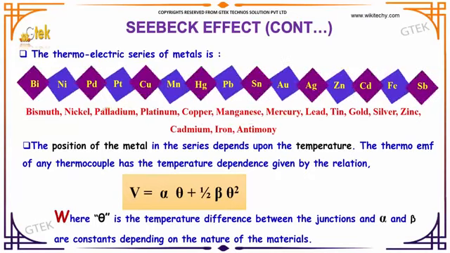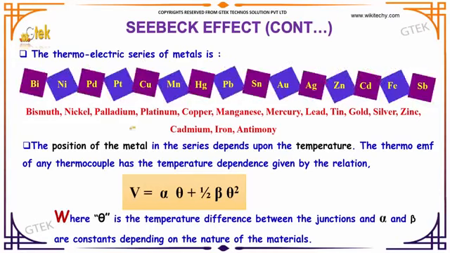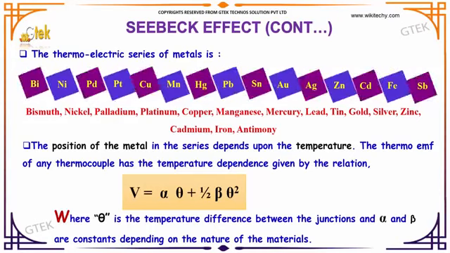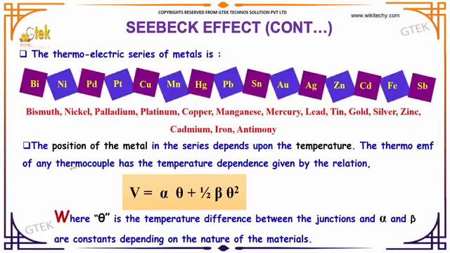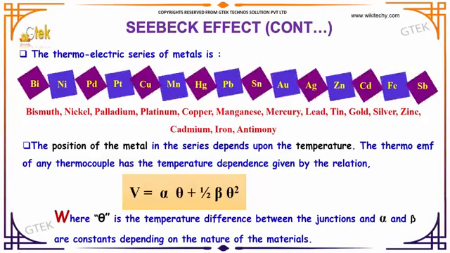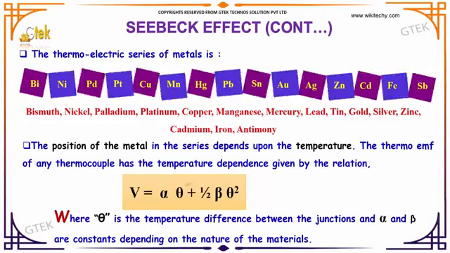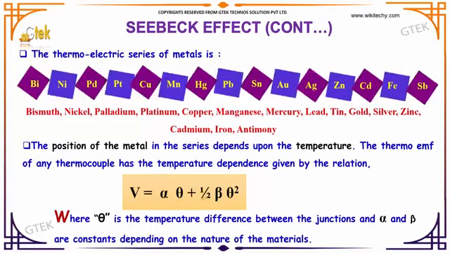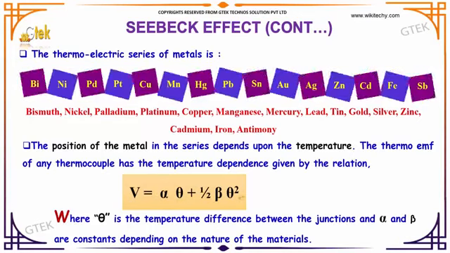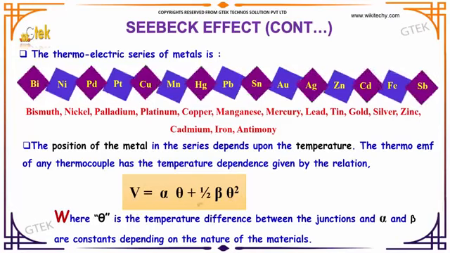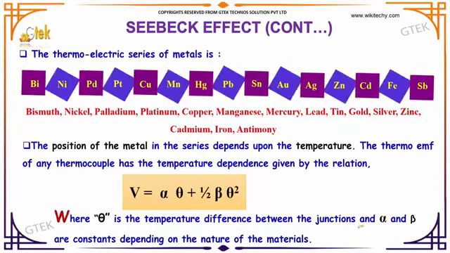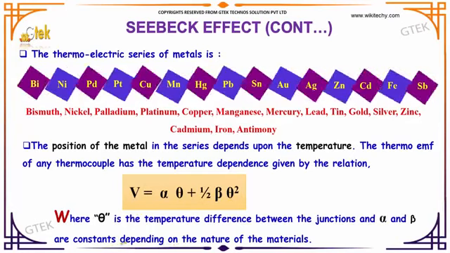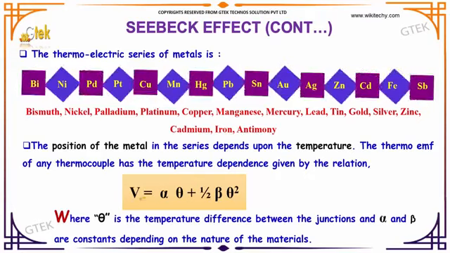The position of the metal in the series depends upon the temperature. The thermo EMF of any thermocouple has a temperature dependence and is given by the relation V equals alpha theta plus half beta theta squared, where theta is the temperature difference between the junctions, and alpha and beta are constants that depend on the nature of the materials.